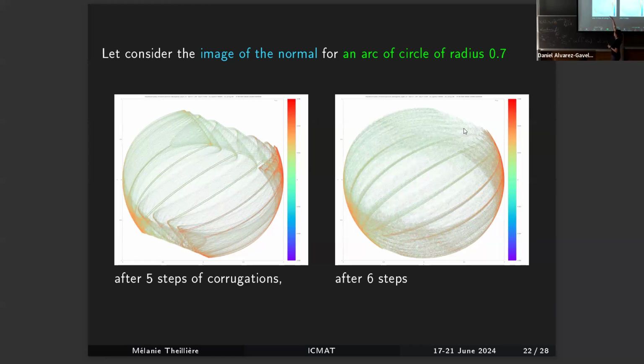Here we have the unit sphere, and here the image of the normal map on the little arc of a circle I drew on the blackboard. It looks like this after 5 steps of corrugation, and like this after 6 steps. So we see that the more we corrugate, the more the normal map makes a mess on the unit sphere.